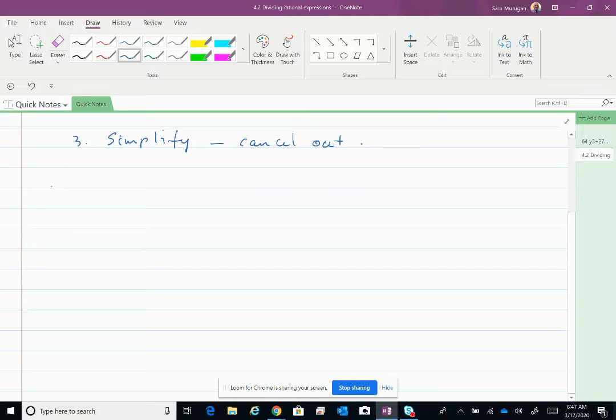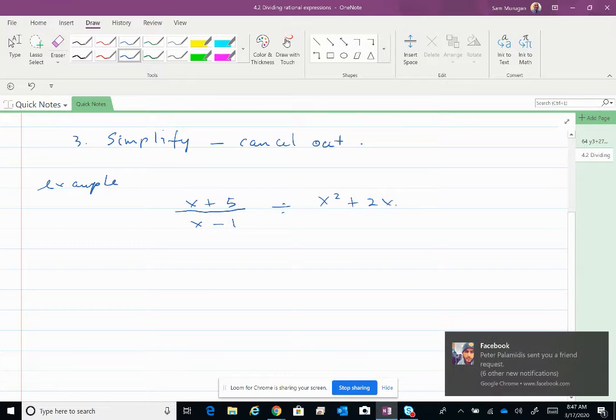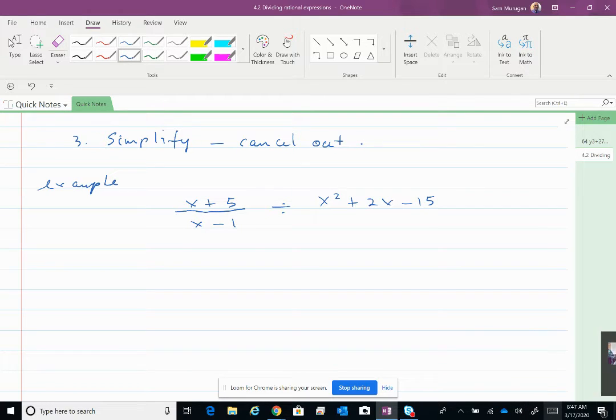Let's go ahead and start this example. x plus 5 over x minus 1 divided by x squared plus 2x minus 15 over x minus 3.